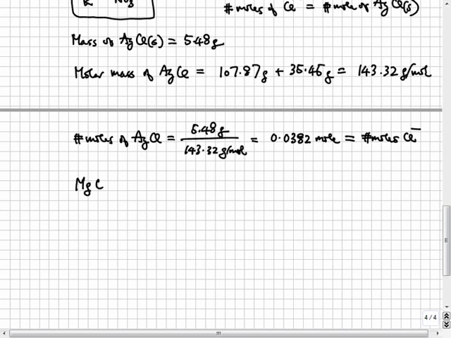Because in each MgCl2 there are two Cl-, the number of moles of MgCl2 in the original mixture must be half of this, which is 0.0191 mole.